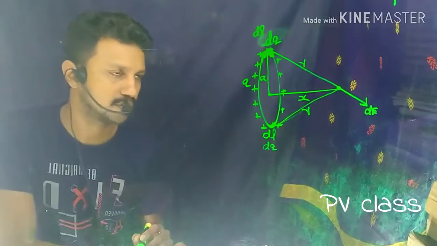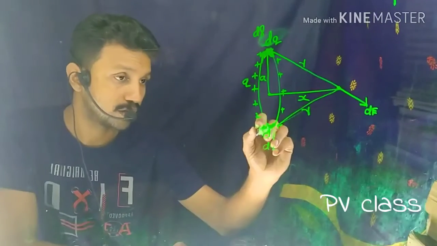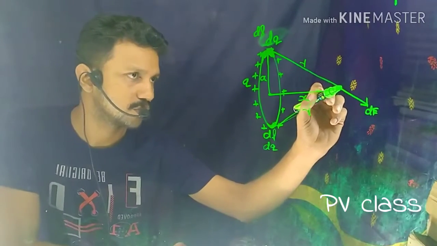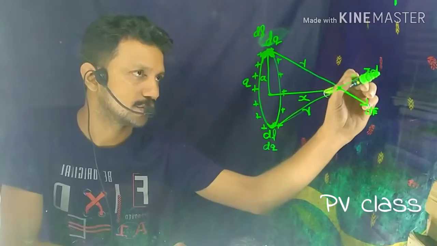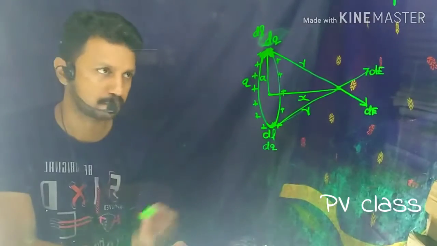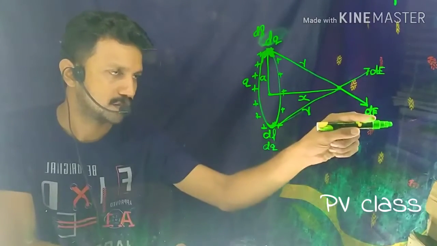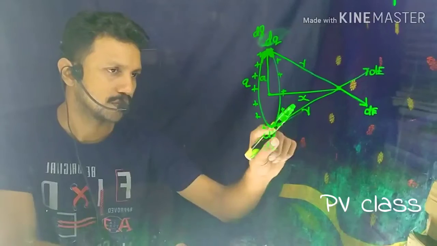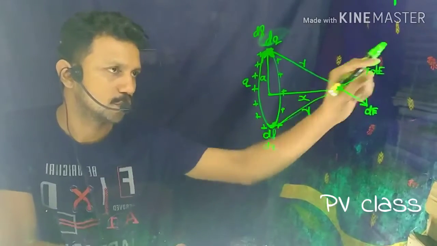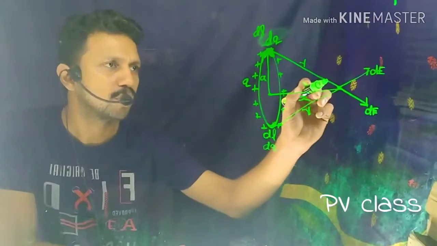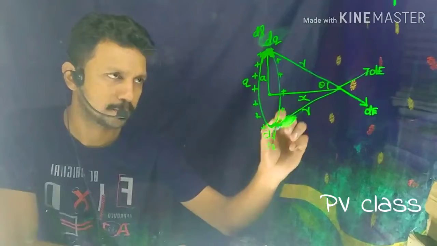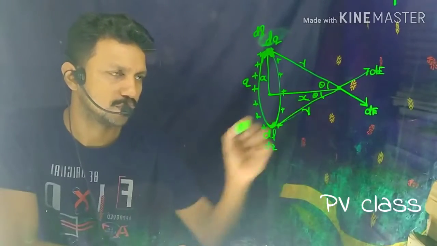Then due to this lower dq, the electric field intensity over here will be directed in this direction. Let me call it dE. This dE is due to the upper dq, and this dE is due to the lower dq. Let me call this angle theta. Therefore, this angle should also be theta.